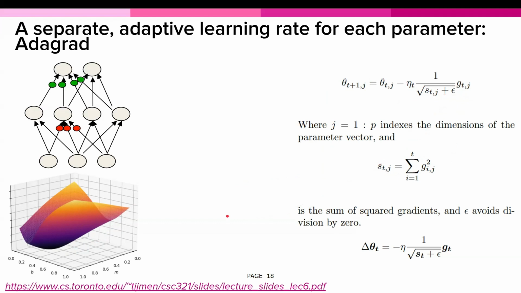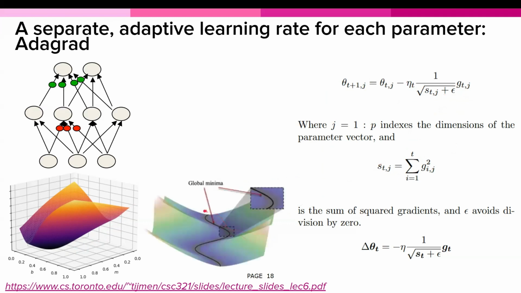This means that AdaGrad could effectively run out of steam if it has to traverse a flatter region in the loss surface, like something like this on its way towards a global minimum. And so this can slow down convergence before reaching the global minimum.